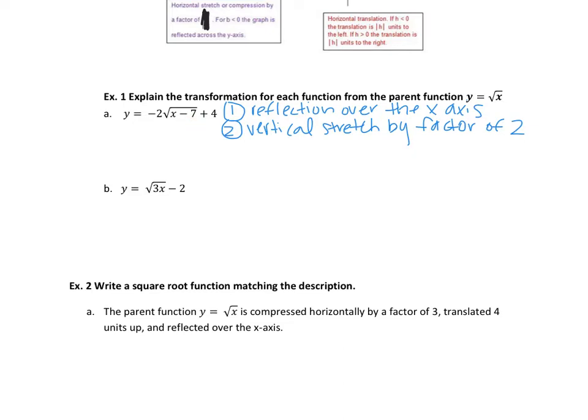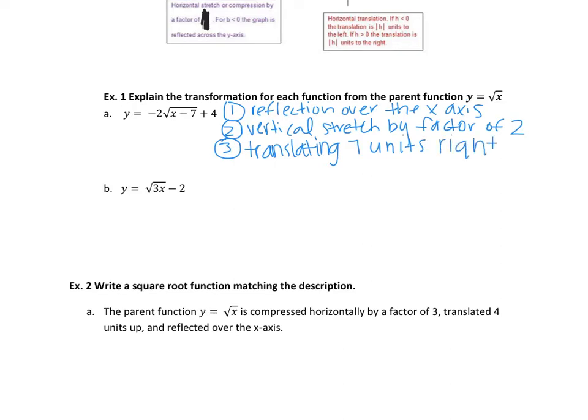That means I am translating, and be sure you use the math words, not moving it over 7 units to the left or to the right. That's not really telling me much. You need to make sure you use the math terminology. So translating 7 units to the right.